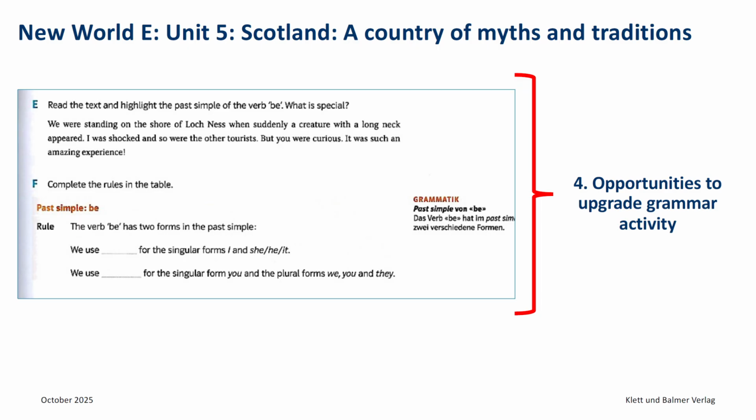Why is the past simple used here? So again, we can challenge them even when it comes to the grammar. Okay, so those are specific examples which you can use with other areas in your course books.